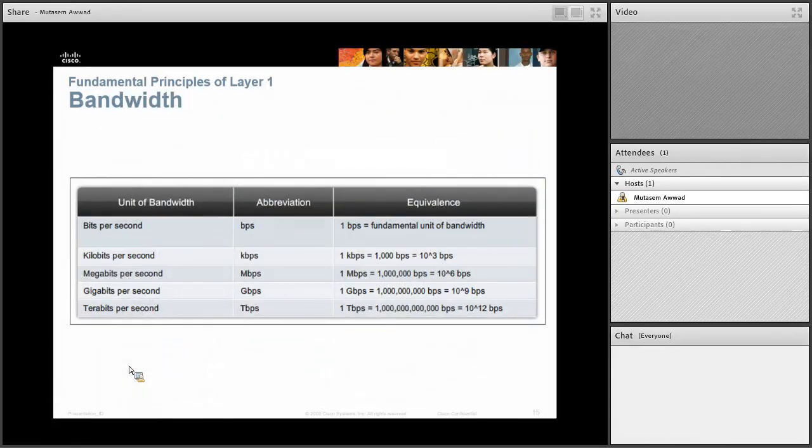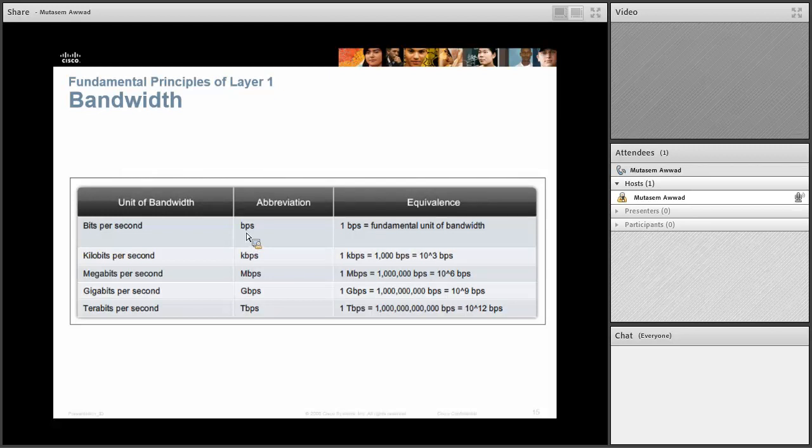All right. A couple of things now you need to know. You need to be able to differentiate from now on between the words bandwidth and throughput. The word bandwidth means maximum speed limit, and it's measured in bits per second. The word throughput is the actual speed.